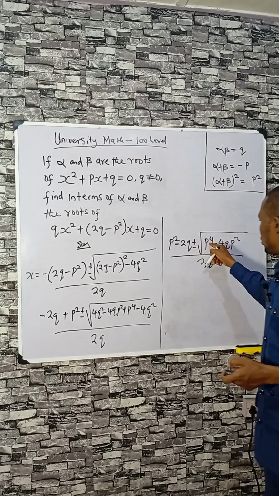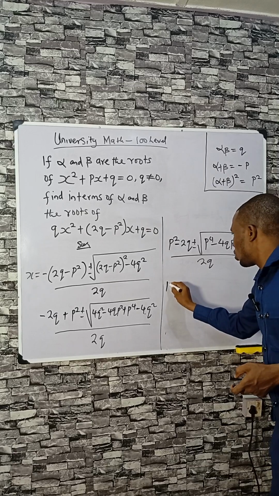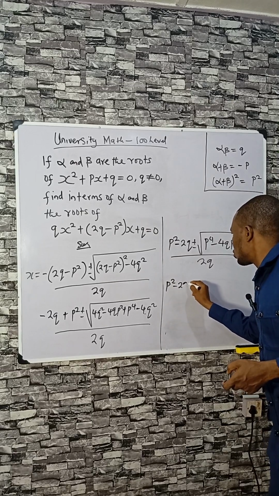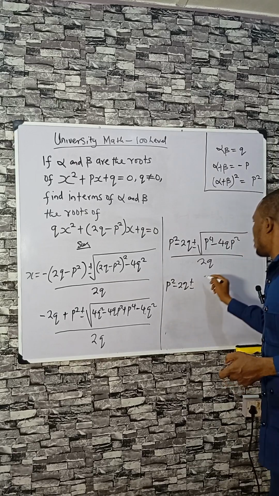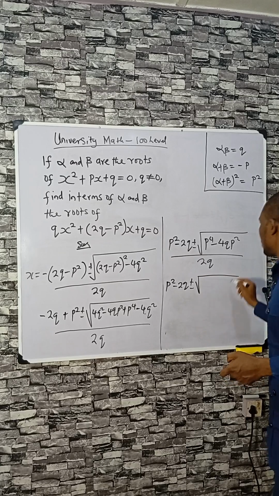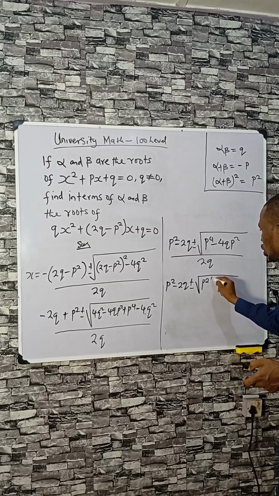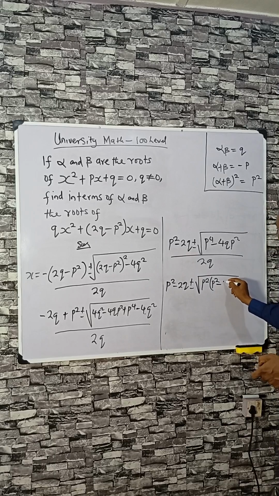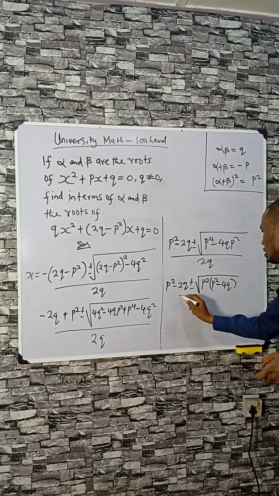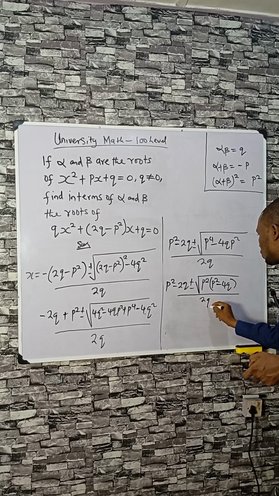Now, there is p squared here and there is p squared, so I want to factor p squared outside. That will be p squared into p squared minus 4q, divided by 2q.